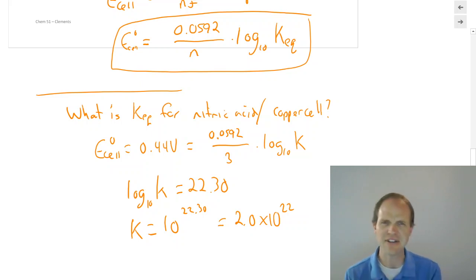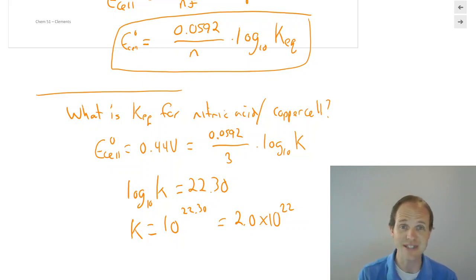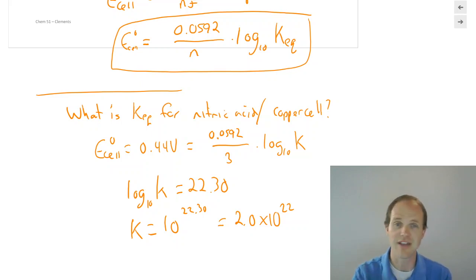Well, it's a very, very, very, very, very large K. Those are the kind of Ks we were talking about when we were talking about complex ion formation constants, things that are extraordinarily favorable. And so that's what we find about these redox reactions. They are extraordinarily favorable. The reason your battery runs is because it really, really wants to. It really, really has energetic reasons for making the products of your battery and also all that energy.